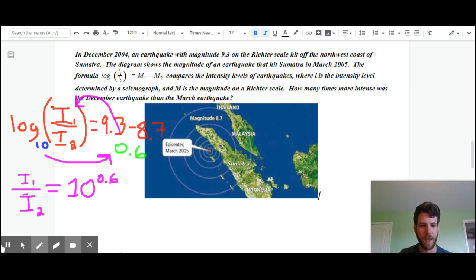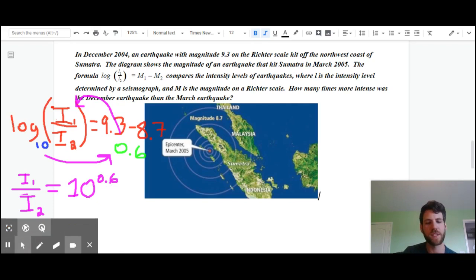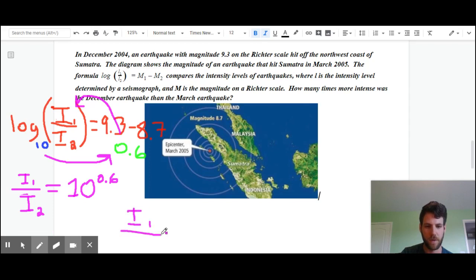Now 10 to the 0.6 equals 3.98. So that means that the fraction I1 over I2 is going to be equal to 3.98.